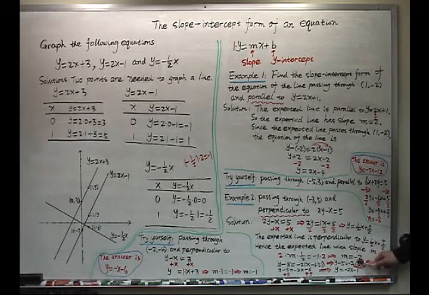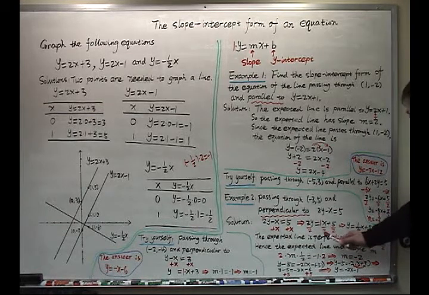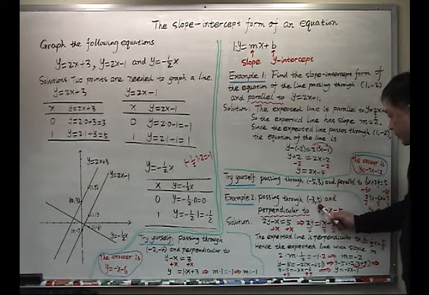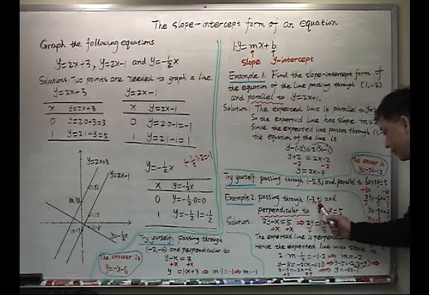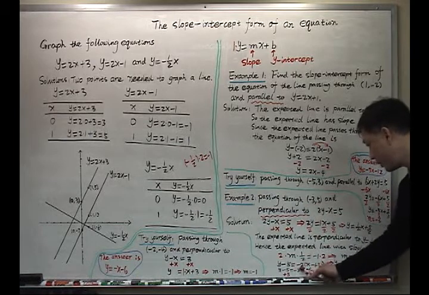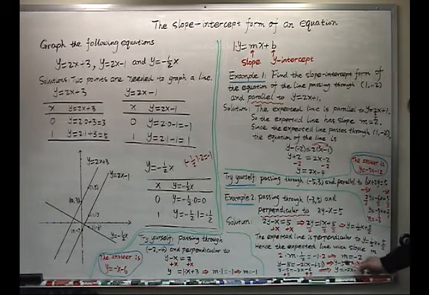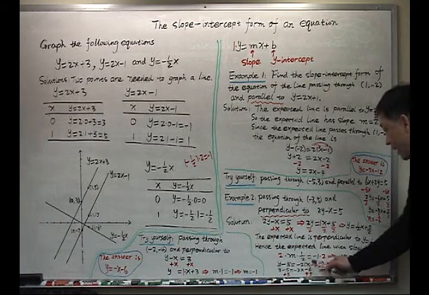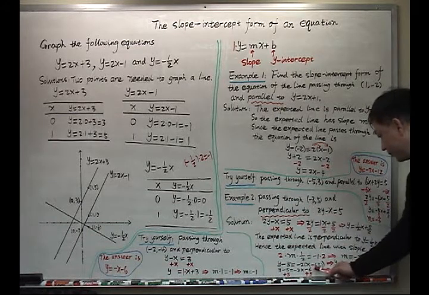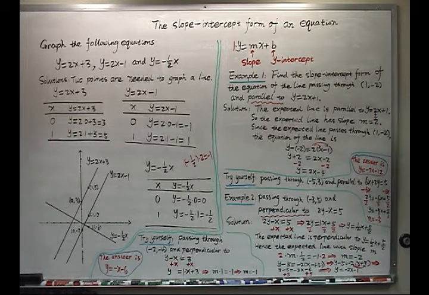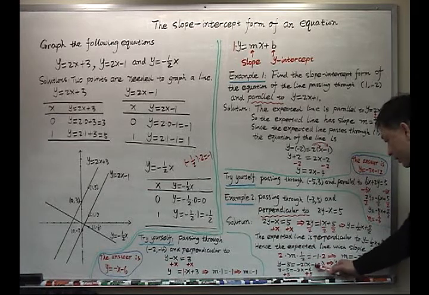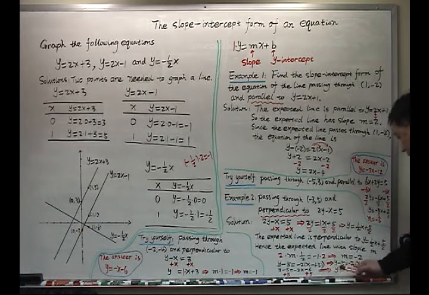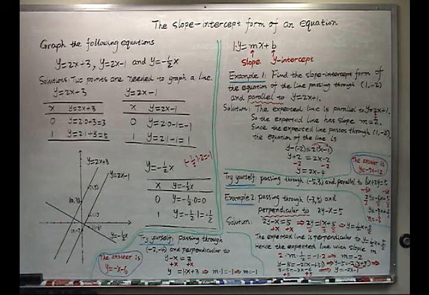Now you have the slope, and also the line passes through negative 3, 5. So you have y minus 5 equals the slope, negative 2, times x minus negative 3. Copy y minus 5 down here, and negative 2 times the parentheses: x minus negative 3 is x plus 3.